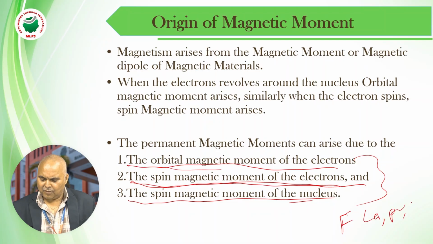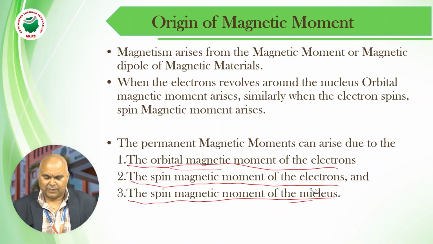Lanthanum, praseodymium, gadolinium: these are rare earth materials, where these two mechanisms will be predominant. Whereas the spin magnetic moment predominates in transition metal ions like iron, manganese, cobalt, nickel. In all these materials the spin magnetic moment of the electron will dominate, whereas in rare earth materials both orbital and spin magnetic moments will be dominating.